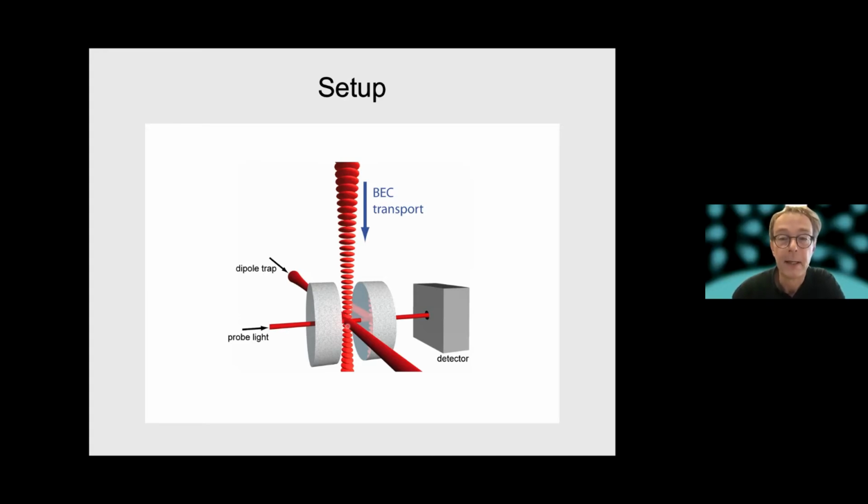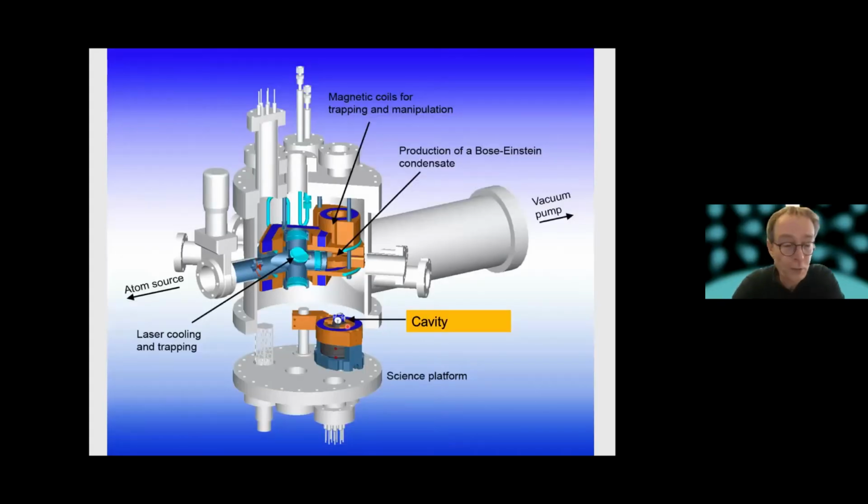And maybe for those who want to build experiments, here you can see how our design looks. It's a bit of an exotic design because we have an atomic source with a medium vacuum inside an ultra-high vacuum.